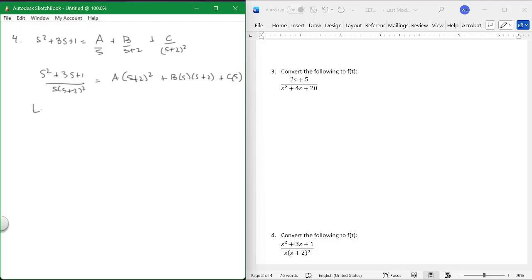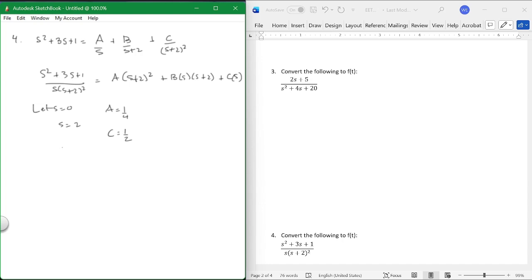Now here you can let s equal 0, s equal minus 2, and you get a is 1/4, and you get c is equal to 1/2. But how do you get b?